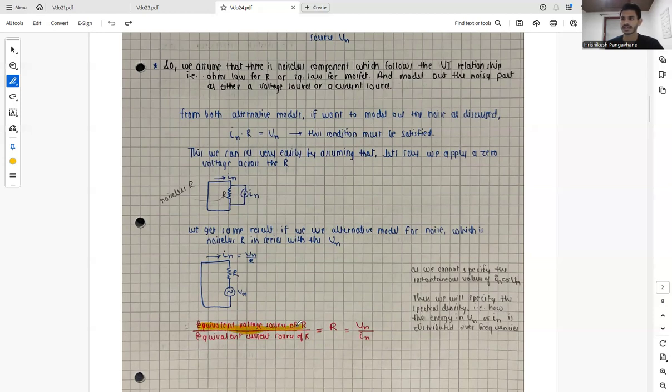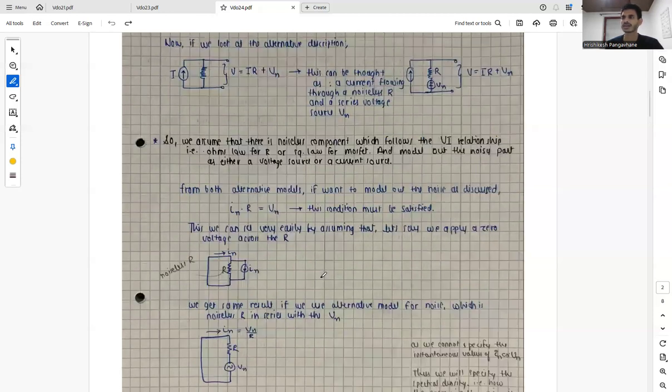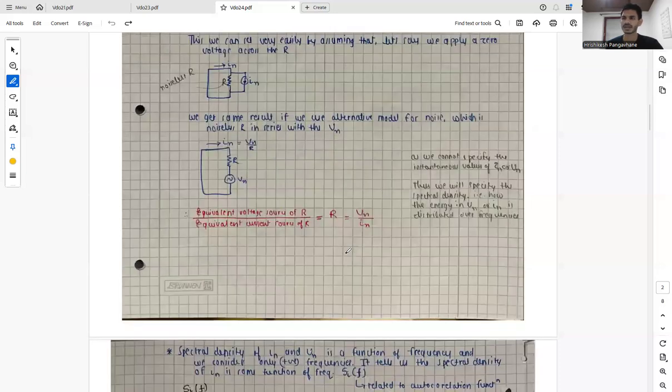We can say that the equivalent voltage source of the resistor divided by the equivalent current source of the resistor, basically the noise of resistor R, is Vn over In equals R. So this comes from this condition, which must be satisfied.